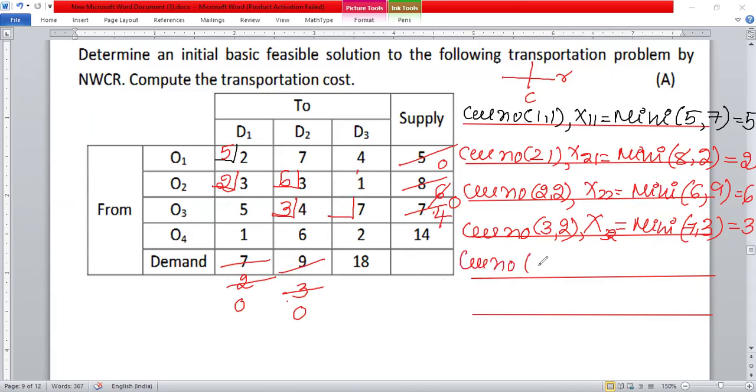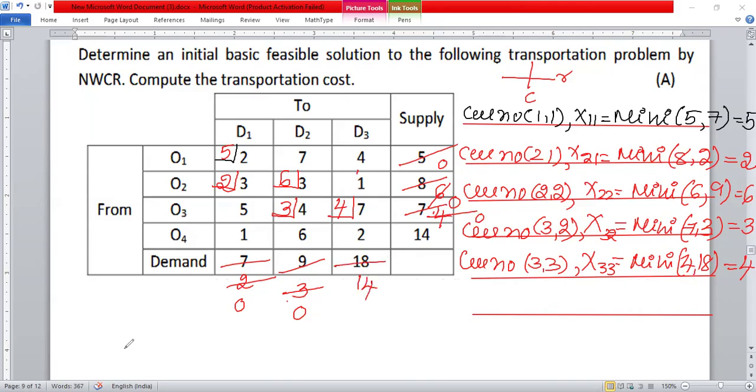Cell number 3, 3. X33 is equal to the minimum of 4 and 18. So the minimum is 4. You're supposed to write that the minimum is 4. Subtract: 0 here and 14 here.